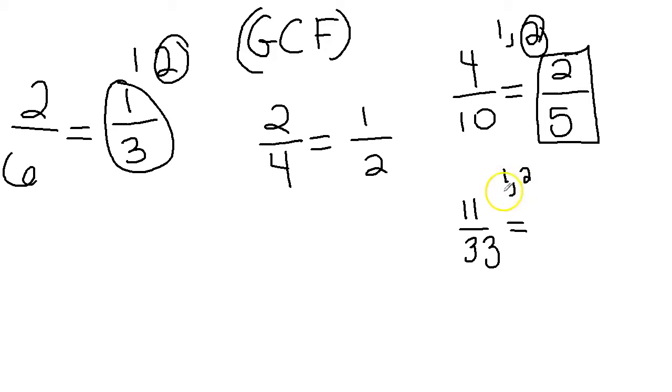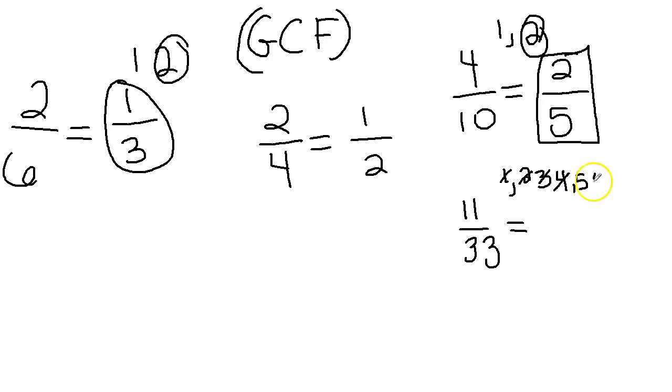We already know that, but it's the lowest. So that's out. 2 does not go evenly into an odd number. 3 will not. 4 will not go in evenly. We already know that any even numbers are not going to go in evenly into 11 over 33.